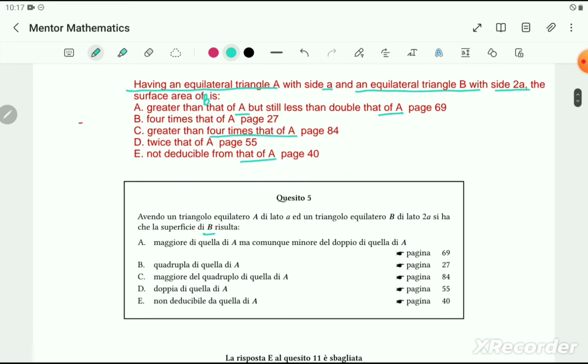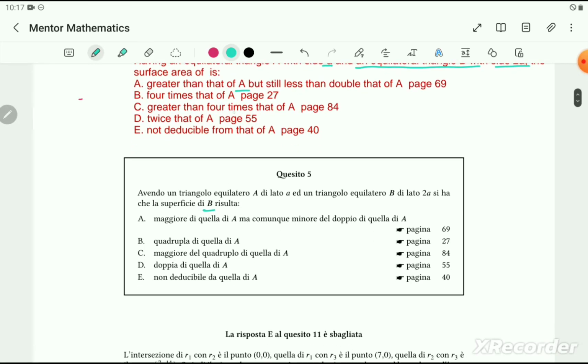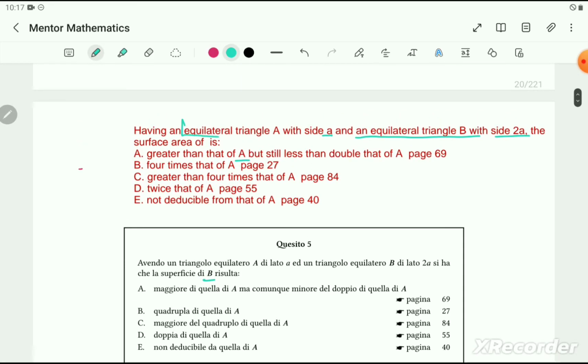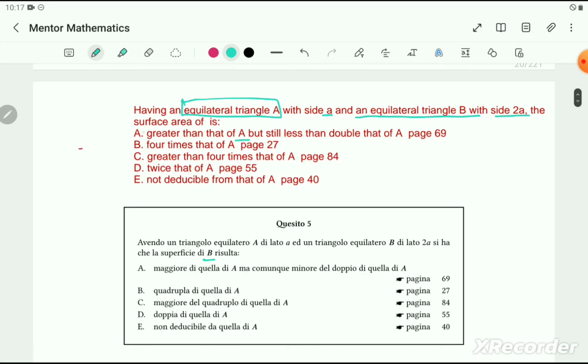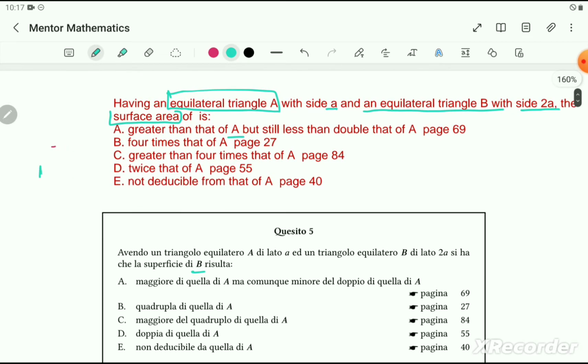So let's understand again some basics. First of all, what is an equilateral triangle? I discussed it in problem number 1. I hope you already know, but I will tell you again. And what is surface area? Surface area is nothing but simply area, like a triangle like this and its area.